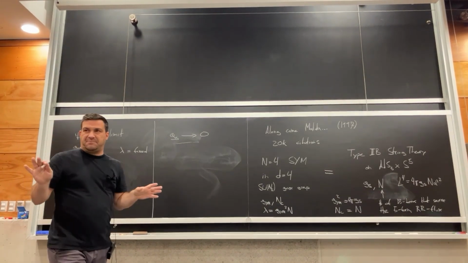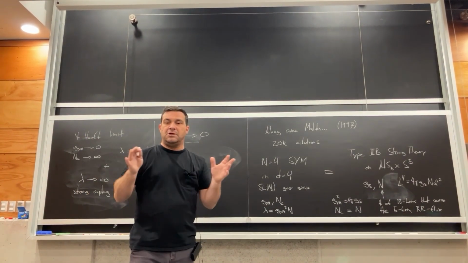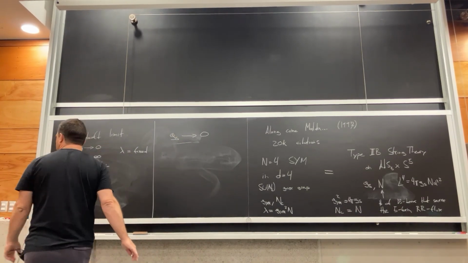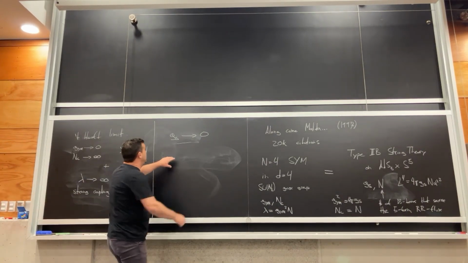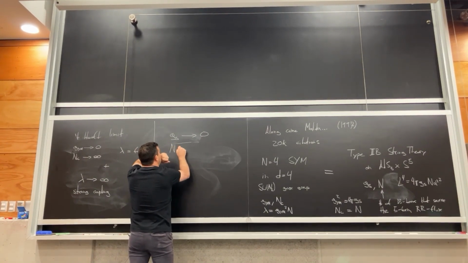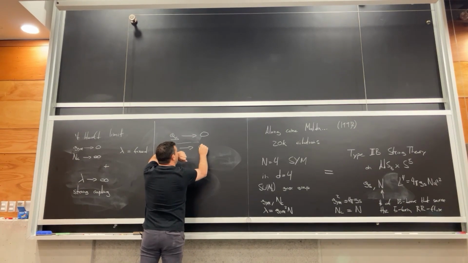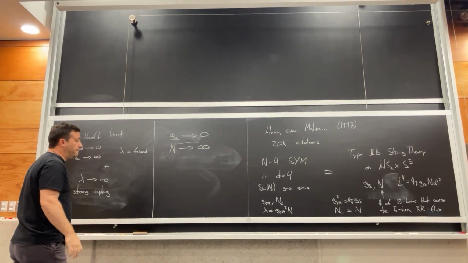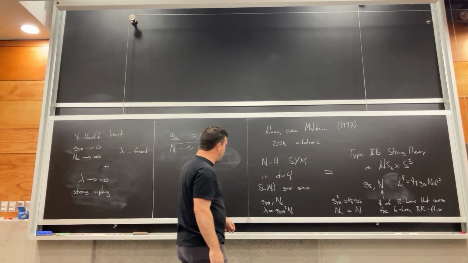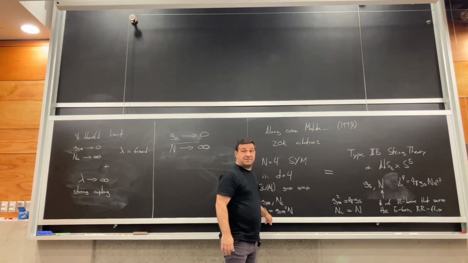Just like in quantum field theory, these are just tree-level string amplitudes. Nice. And then the other part is N to infinity. This means the number of D-branes goes to infinity, but then we're taking lambda fixed.